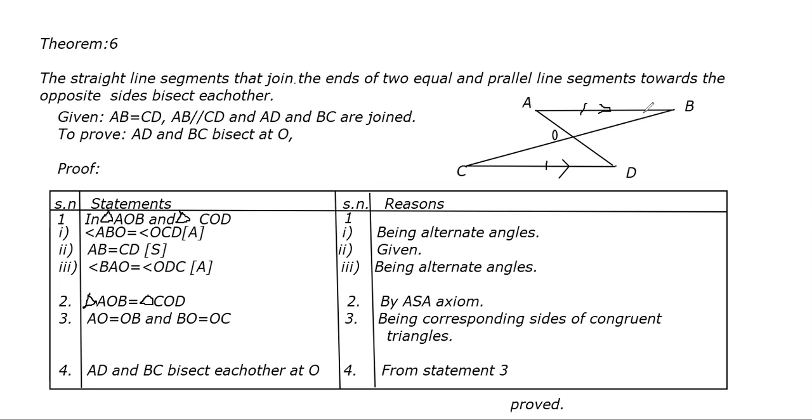For that, angle B and angle C are equal, alternate angles. AB and CD given equal. Next, angle A and angle D also equal. So by ASA axiom they are congruent, and if they are congruent, corresponding sides are equal.